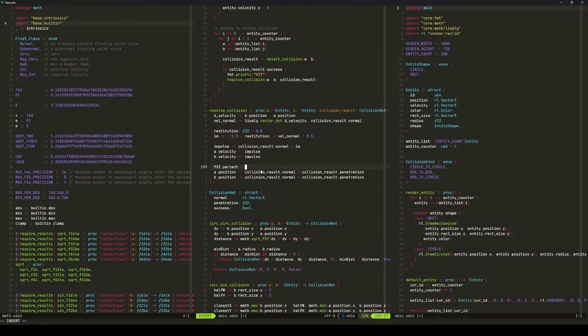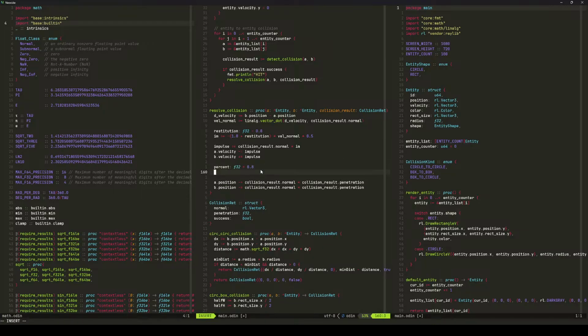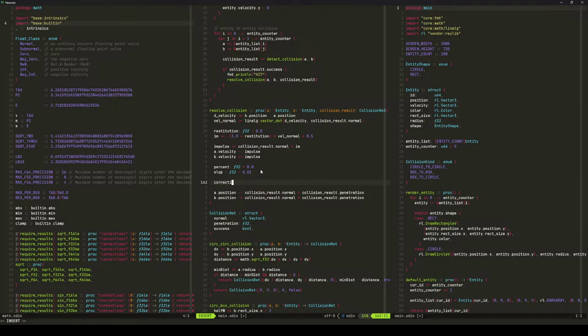Percent 0.8. Percent 32. And then what? Slop at 0.01. And then correction magnitude. I do not know what this is. Math.max.